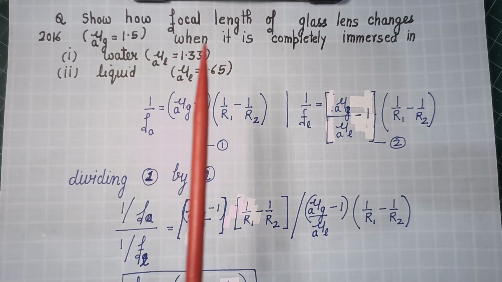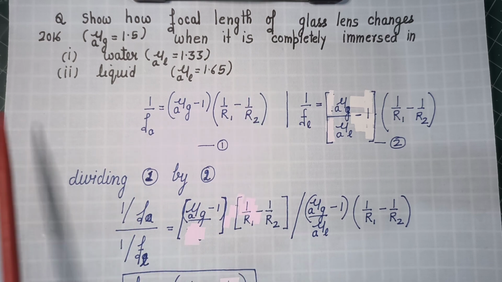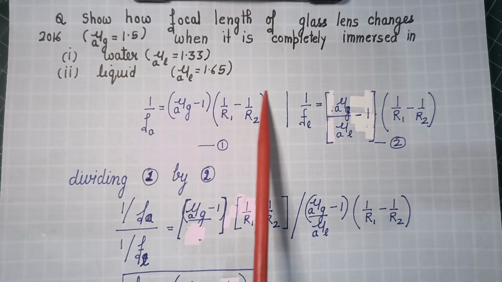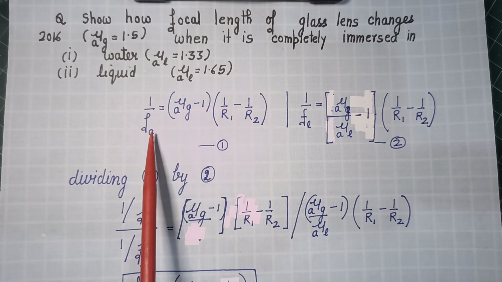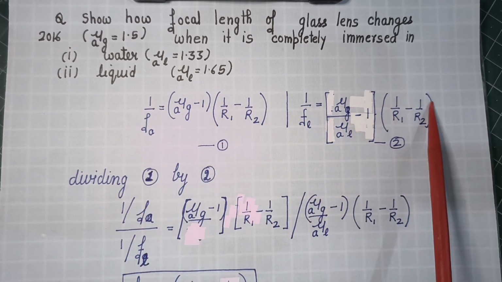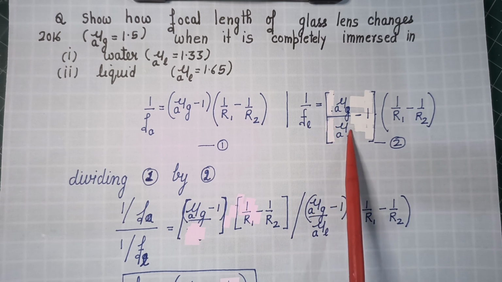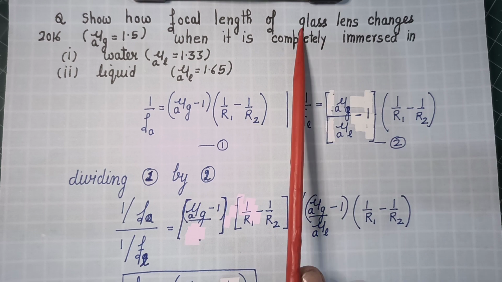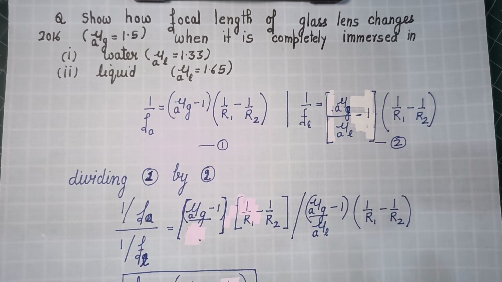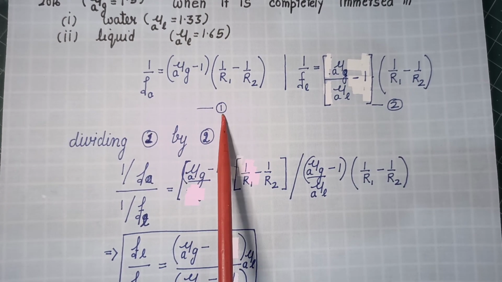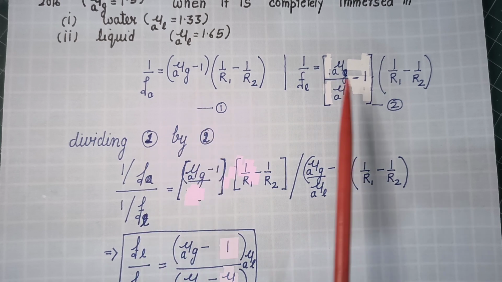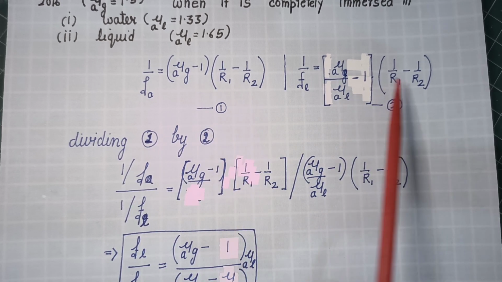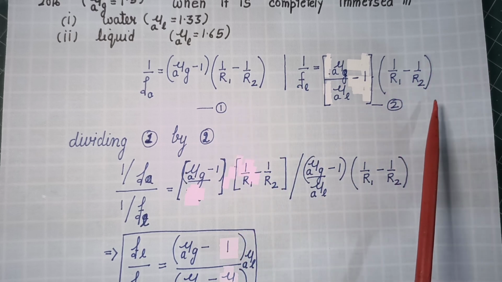We know this answer because just before this question we have already solved this type of question, but the method is: write the formula for the lens in air, write the formula for the lens in liquid as we have already discussed, substitute the values one by one in both the formulas and divide equation 1 with equation 2. You will find that this is common in both the expressions, so it will get cancelled.